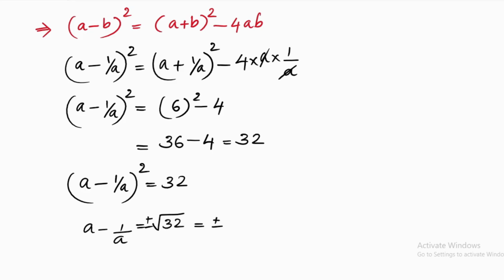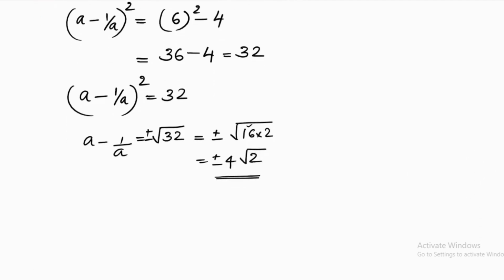Plus or minus square root of 32. 32 I can write it as 16 into 2, right? So you take root of 16 is 4. So you take 4 outside, it will be 4 root 2. So your answer is a minus 1 by a equal to plus or minus 4 root 2.